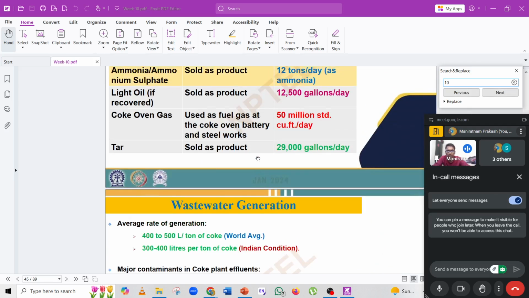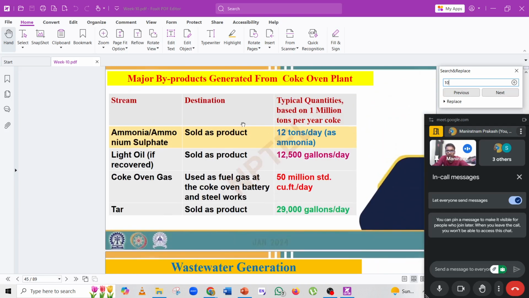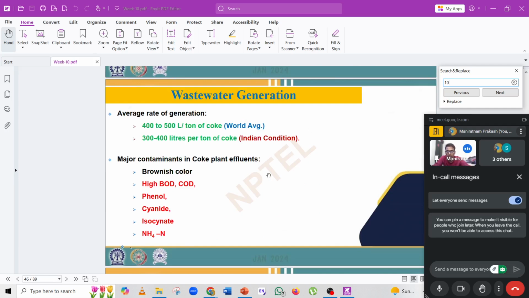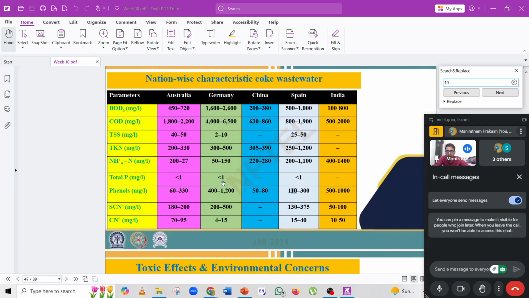See, these are some of the limits, which apply if you are treating your wastewater and discharging it. These are the nationwide characteristics of coke wastewater.